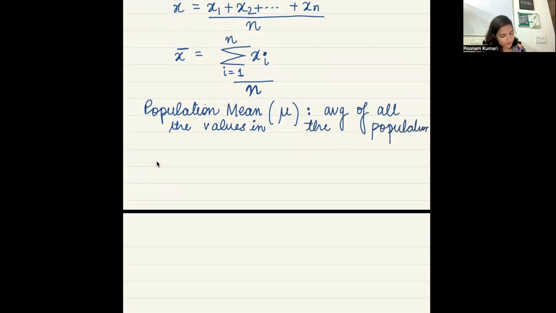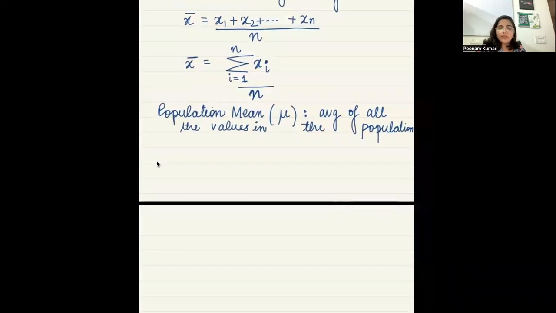That is population mean. Is that okay? So whenever you are given all the data regarding a population, if you find the average of it, that will be population mean. And it has a separate symbol for it, mu. Okay. All right.